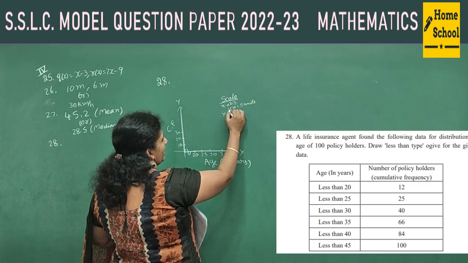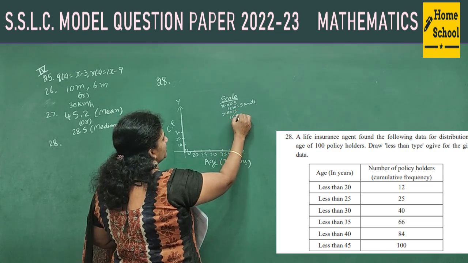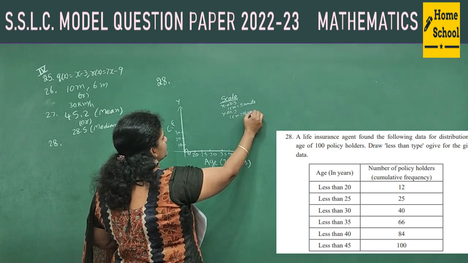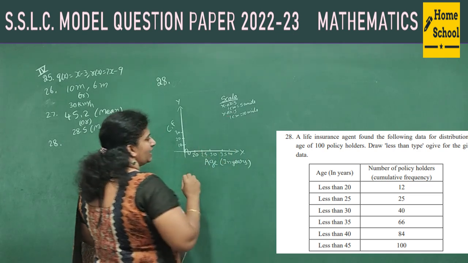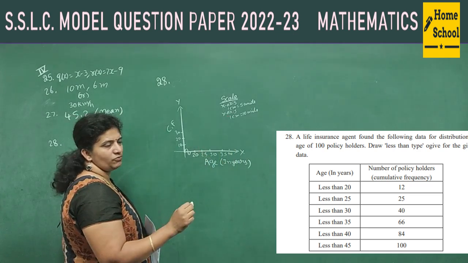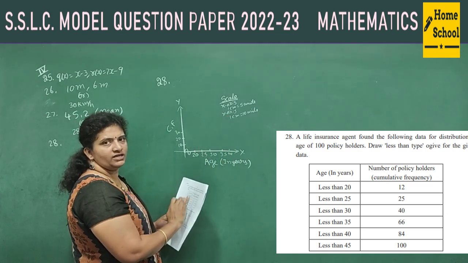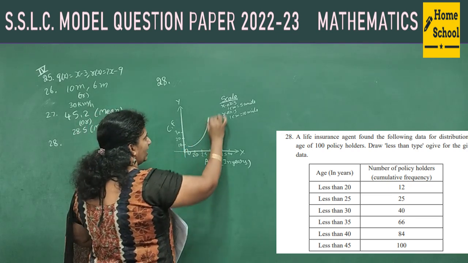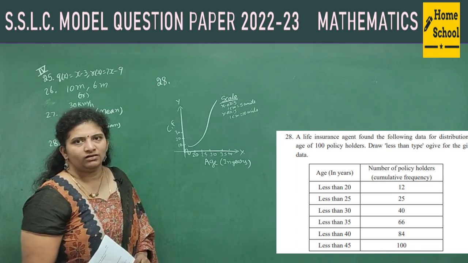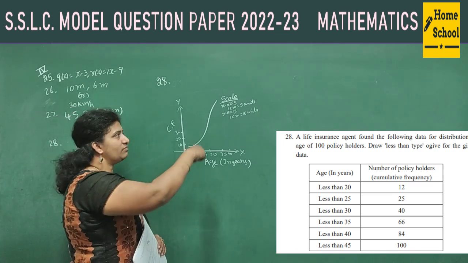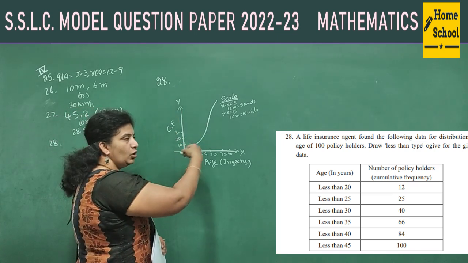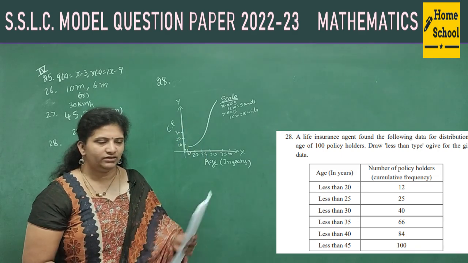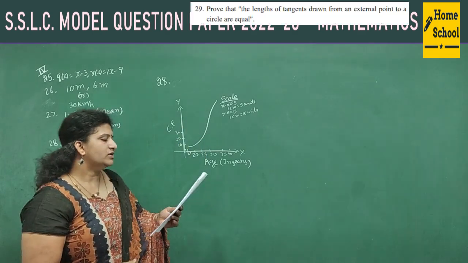That means y-axis 1 centimeter is equal to 10 units you take. Okay. And your graph less than type ogive. Directly plot these values in graph. That means how will be your graph? Like this it will be there. Right? Less than type ogive from down to up. That means low to high your curve will be there. Directly do this in graph.